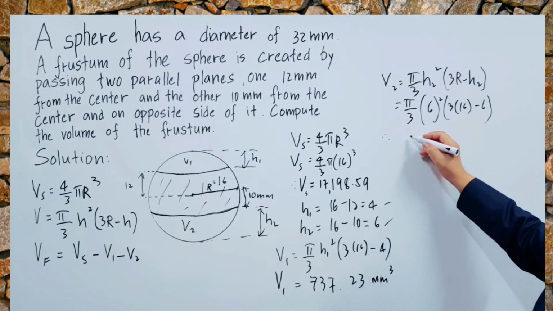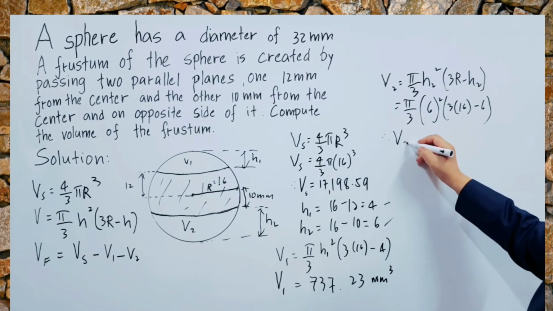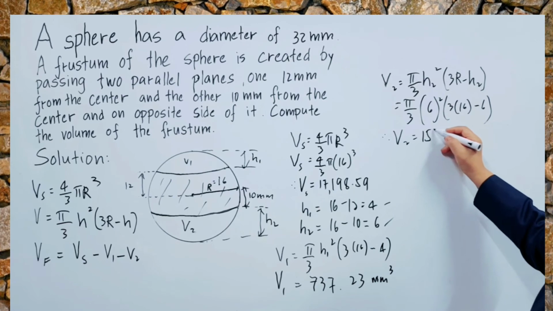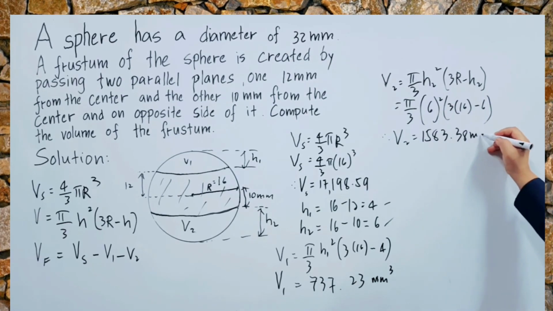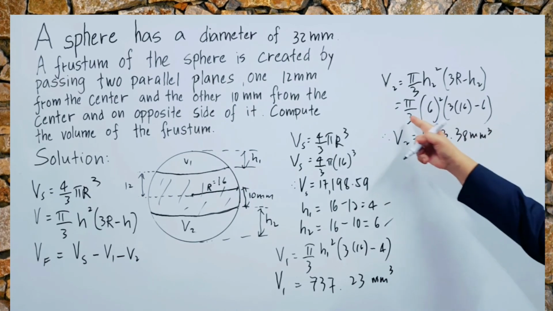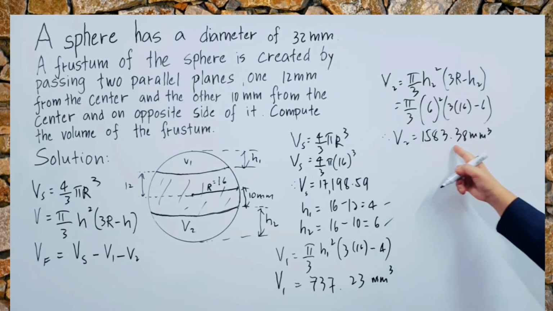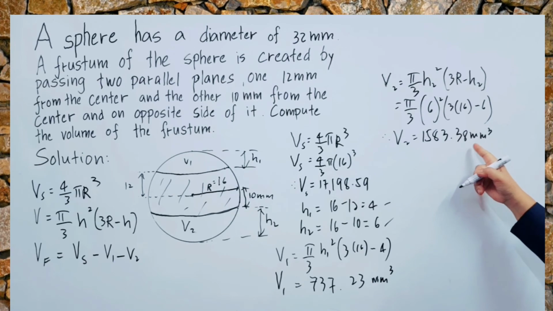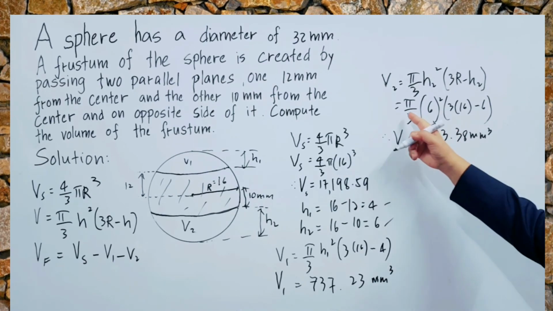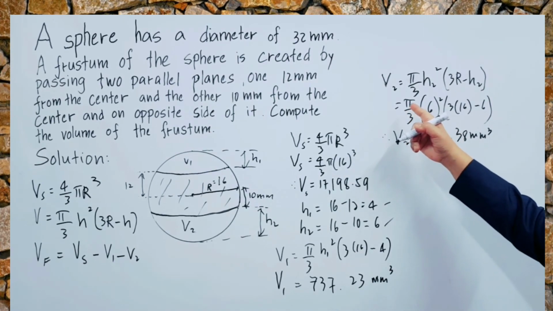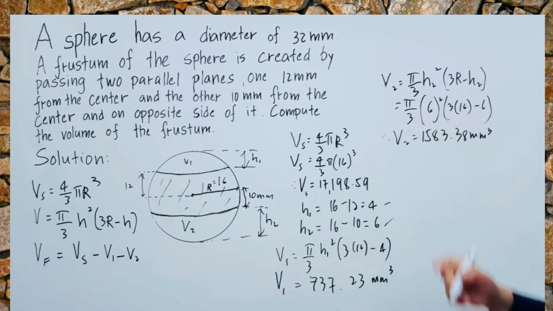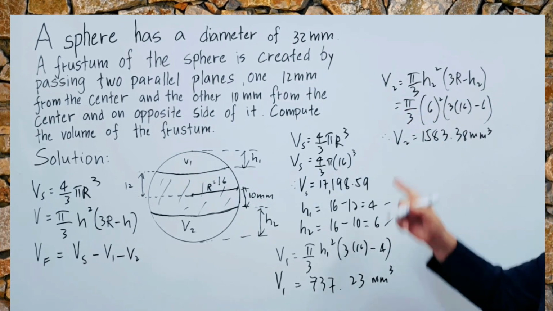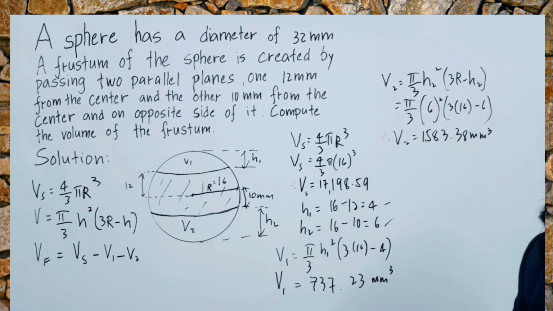Volume 2 therefore is equal to 1583.38 mm cubed. After simplifying this one, this will be the result, 1583.38 mm cubed. As I've said before, if we are talking about radians, the value of pi is 3.14. But if we are talking about angle, the pi is 180 degrees.